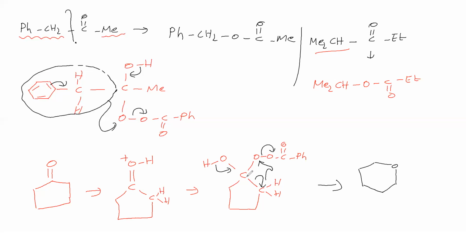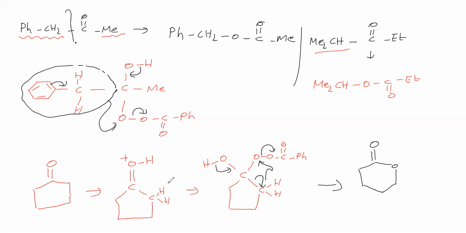It is a 6-membered ring. This is the carbonyl group, C double bond O, and this carbon is having this oxygen. This CH2 carbon is making a bond with this oxygen. Therefore, a 5-membered ring is becoming a 6-membered ring.